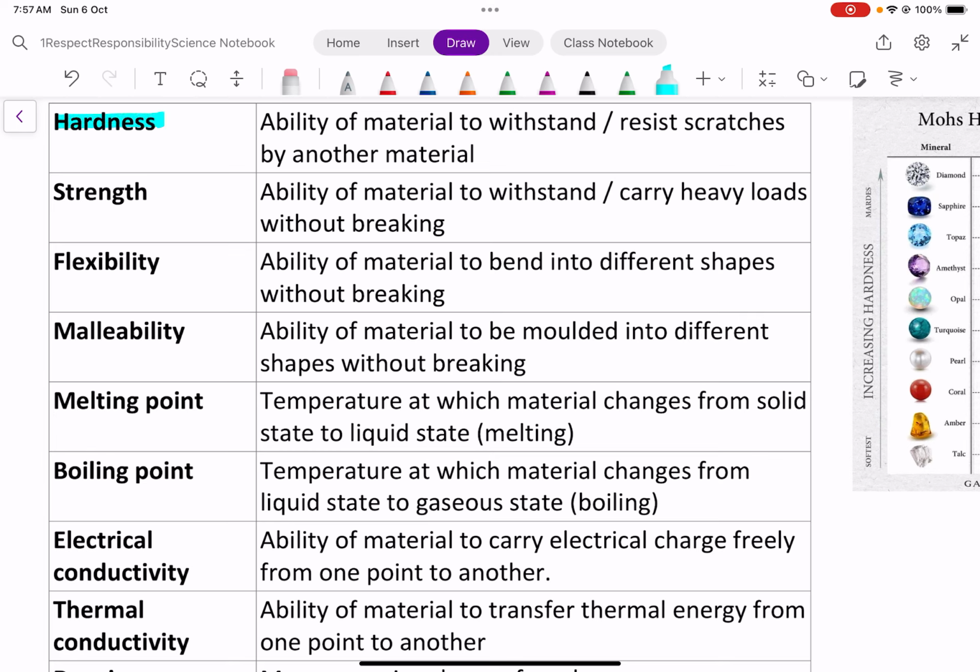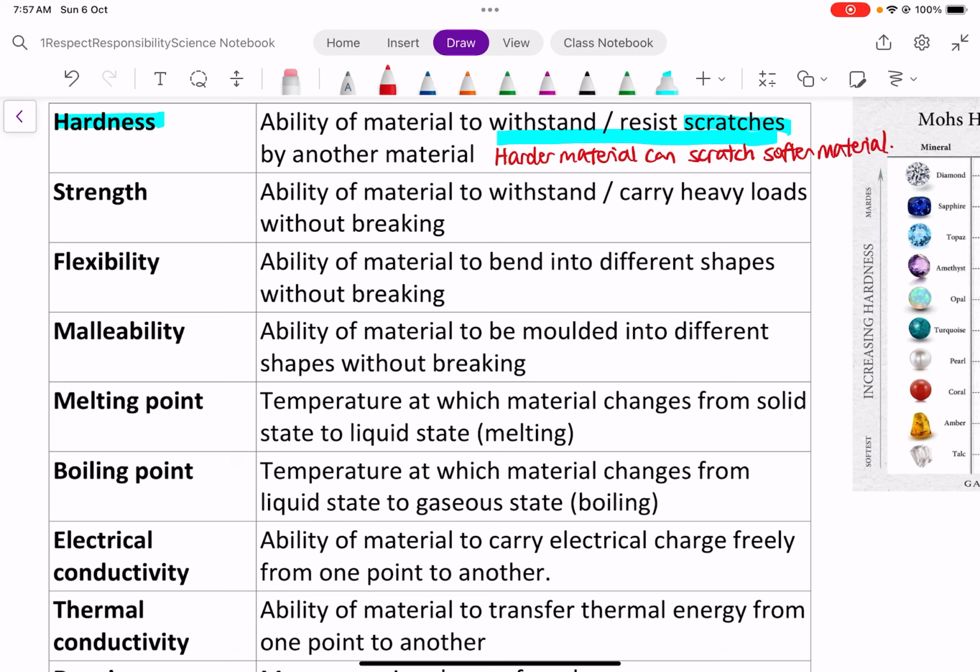Firstly, we have hardness. Now, hardness is the ability of a material to withstand scratches by another material. So hardness is about scratching. So the idea behind this is a harder material can scratch a softer material.